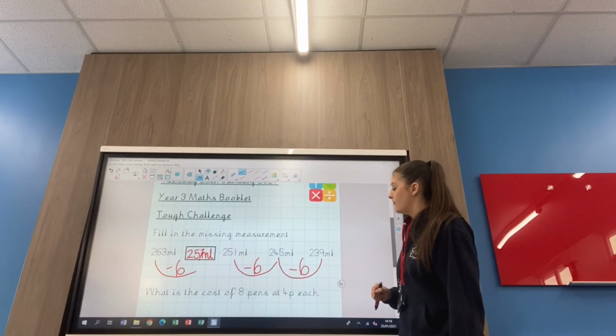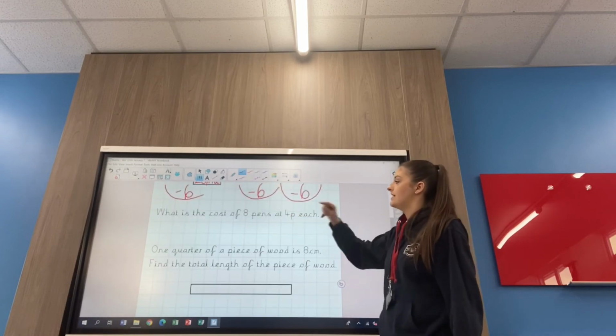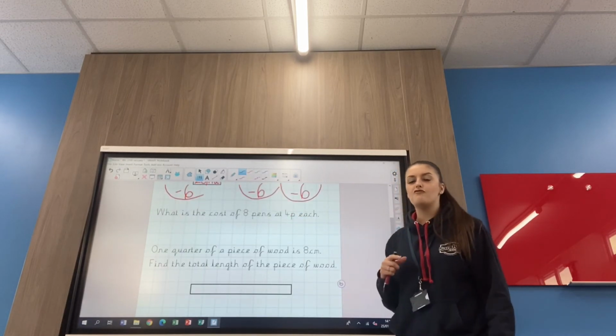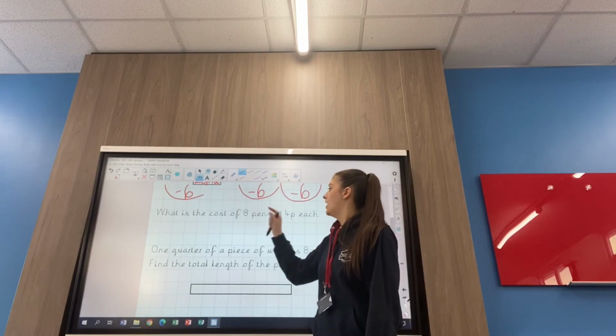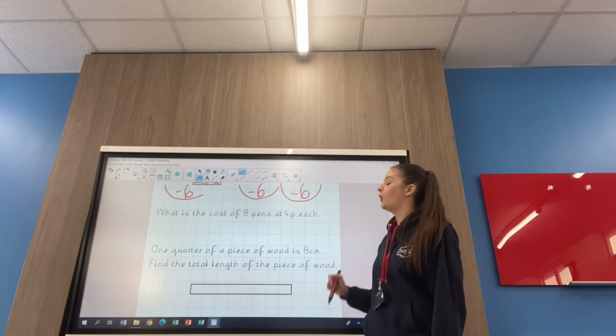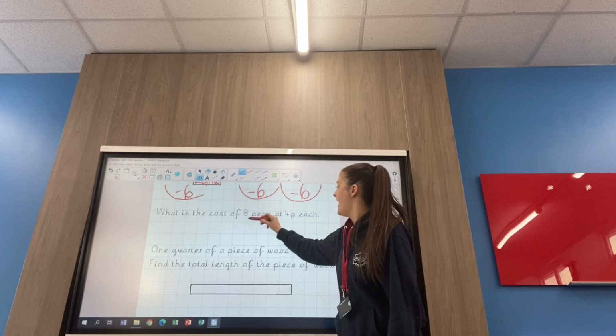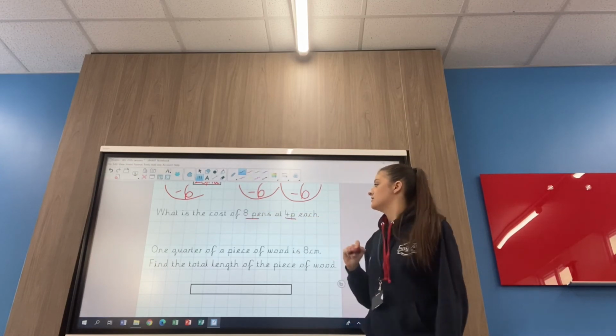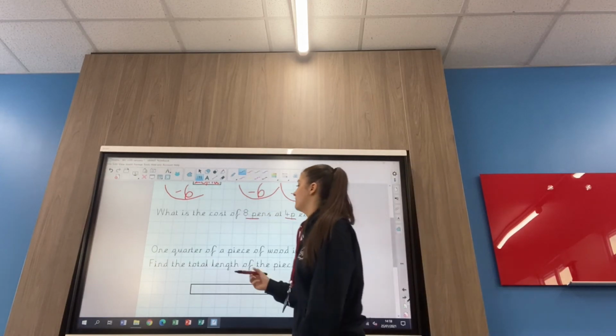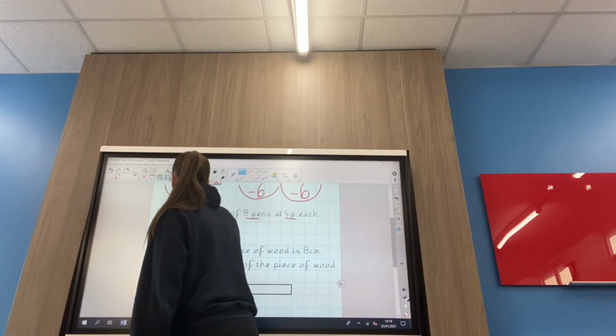Right, you've got another similar question to this one in your tough challenge, and lots of you have been really good at this one. What is the cost of 8 pens at 4p each? So I've got 8 pens at 4p each. So it's like a repeated addition. Here's 1 pen costing 4p each.